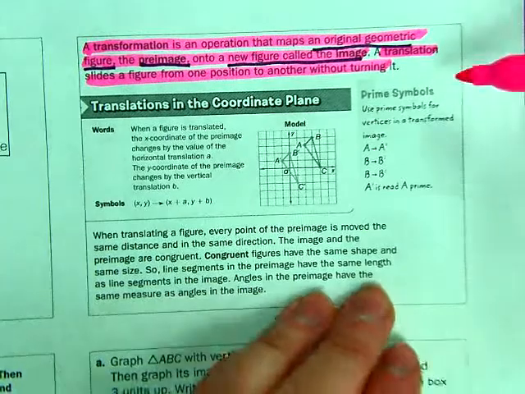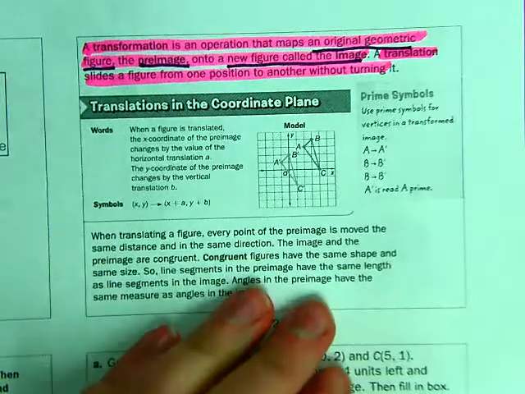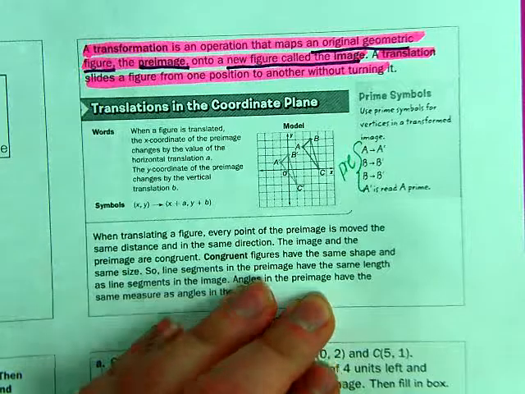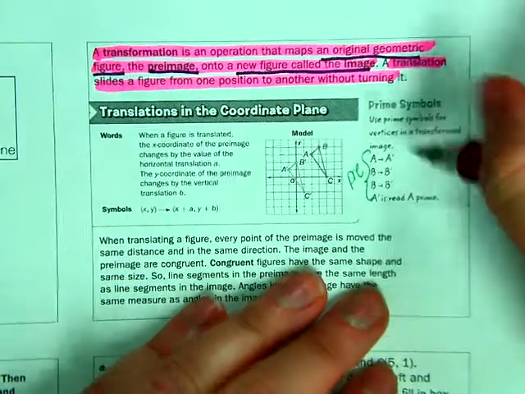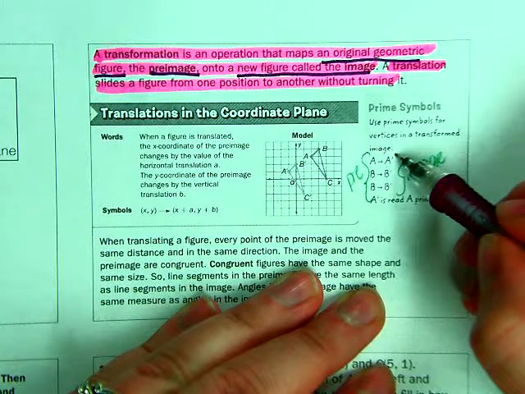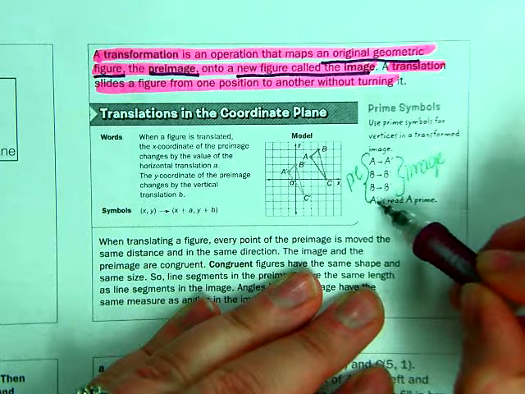Now we have some notation here. When we're talking about images, pre-images are labeled with regular letters, A, B, C, or C, D, E, whatever the name of the shape is called. The new image has to be written with the letter and then an apostrophe, like A with an apostrophe, which is read as A prime.